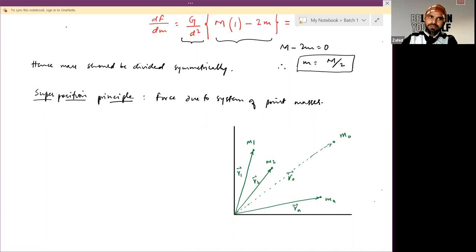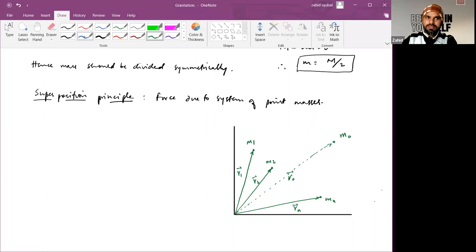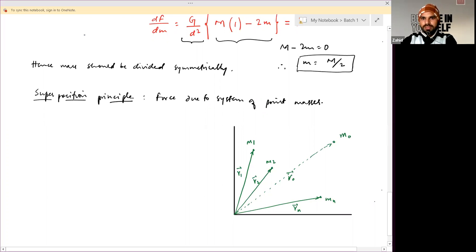So according to this principle, superposition simply means, in physics, addition of two terms. So m1 will exert gravitational force or attractive force on this m0 along this direction, as gravitational force is always attractive. So m1 will tend to pull this m0 by a force F01, force on naught by 1.